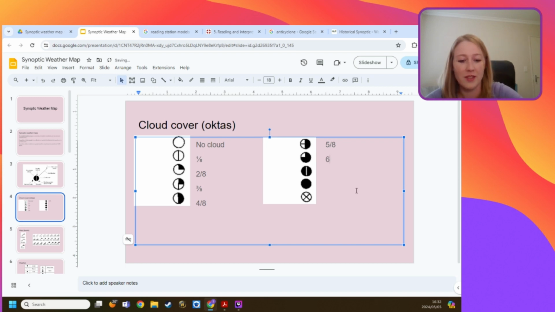That is 6/8. Okay, because we can't keep adding in another little line, instead we're going to say it's basically completely covered, but it's missing a little piece, so that is 7/8. 7 octaves. And then the last one, completely covered, is 8 octaves.